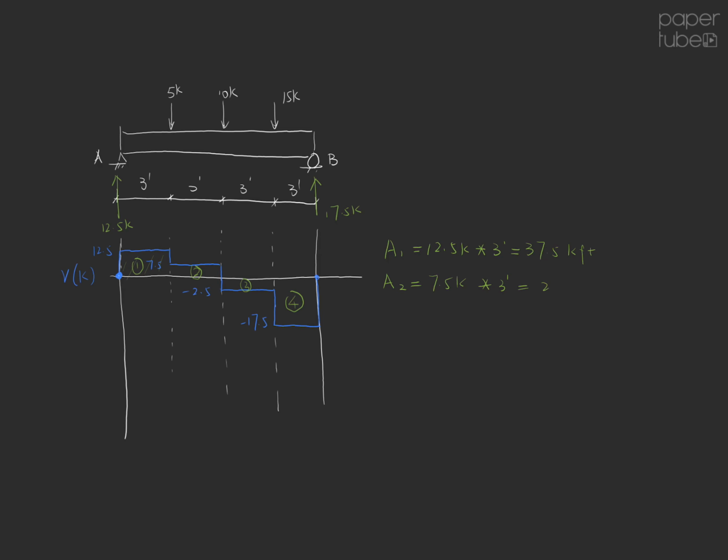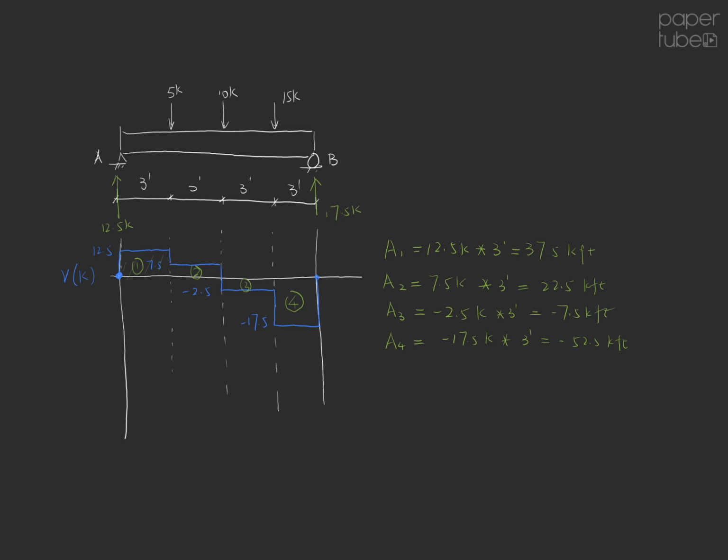That would give you 22.5 kip-feet. Same for A3 and A4. A3 is negative 2.5 kips times 3. That would give you negative 7.5 kip-feet. A4 is negative 17.5 kips times 3. That will give you negative 52.5 kip-feet, right?